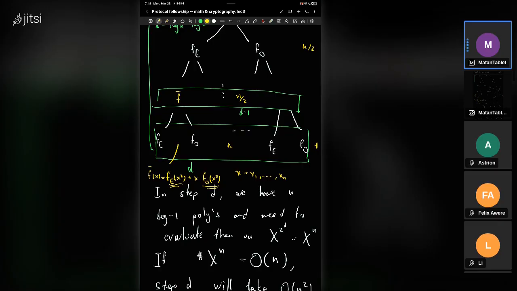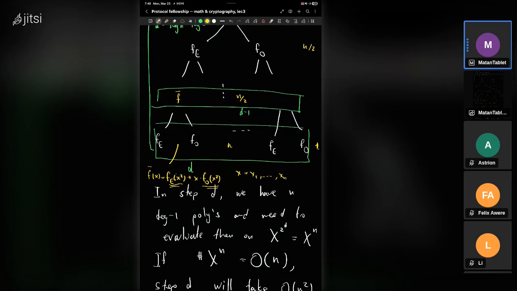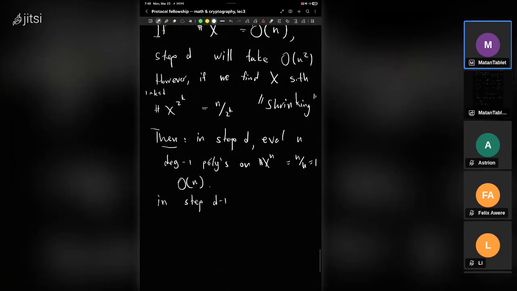So f bar is also just a degree 1 polynomial if you express it with the previous data of calculation that you obtained from step d. Just x times some coefficient plus some free coefficient.